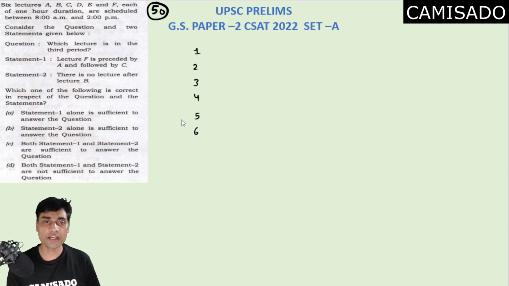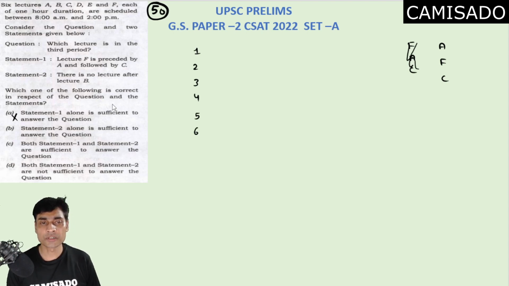Statement 1 says F is preceded by A and followed by C. So AFC. F is preceded by A and followed by C, and this doesn't provide any information about the third lecture. So statement 1 is not sufficient.